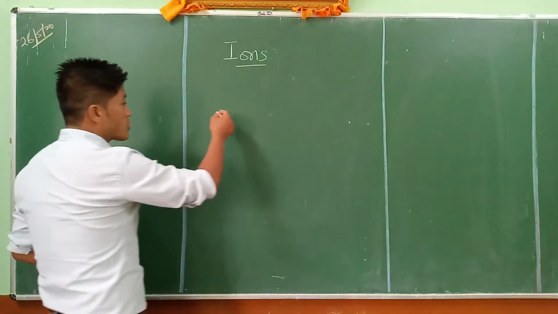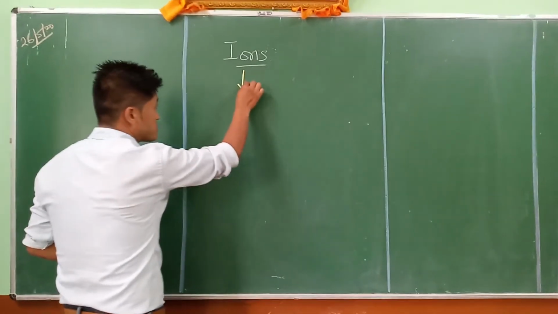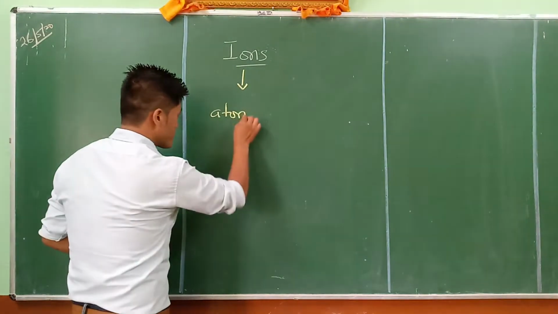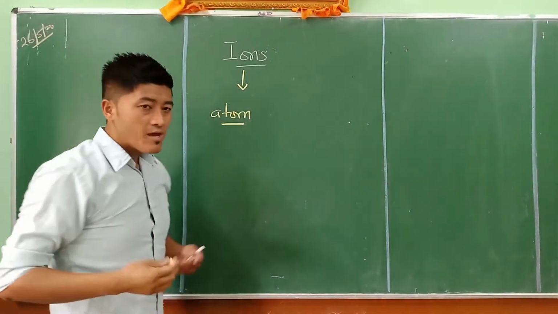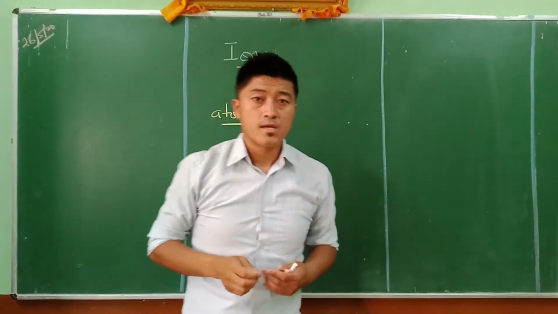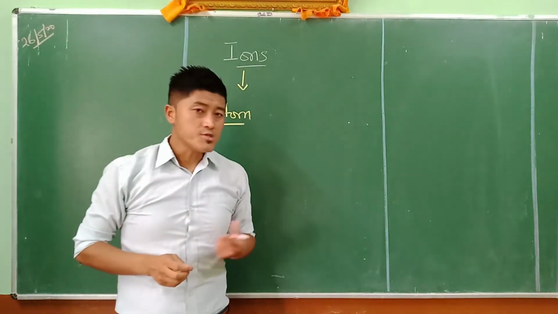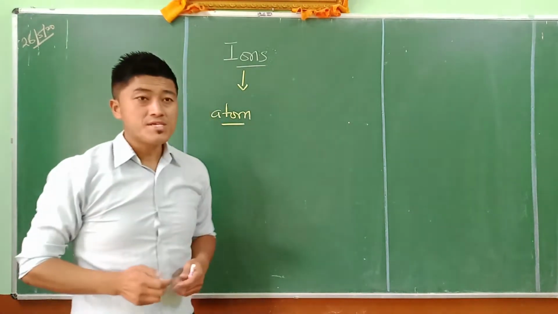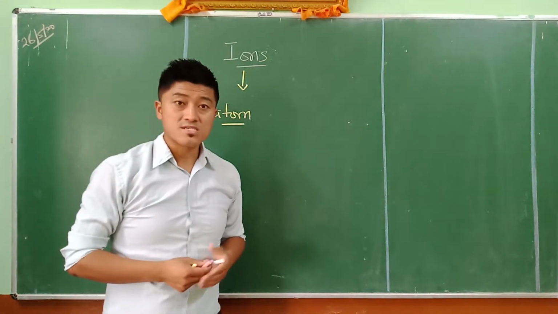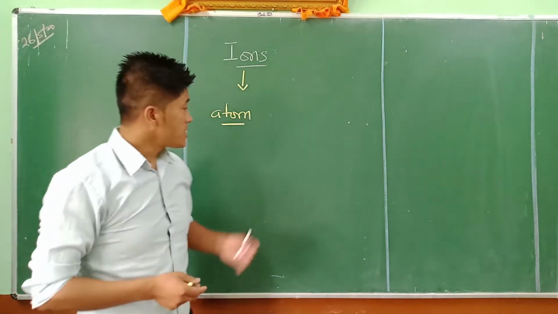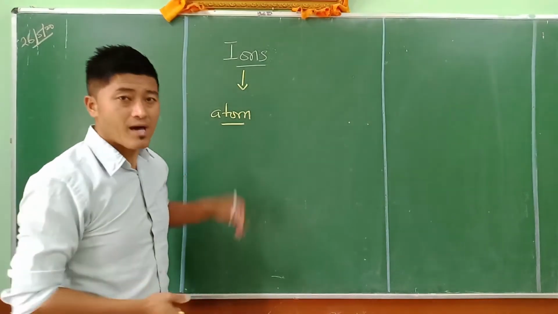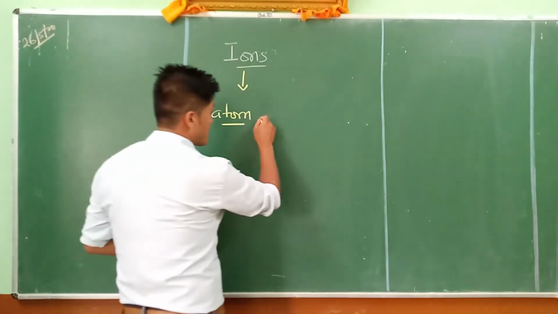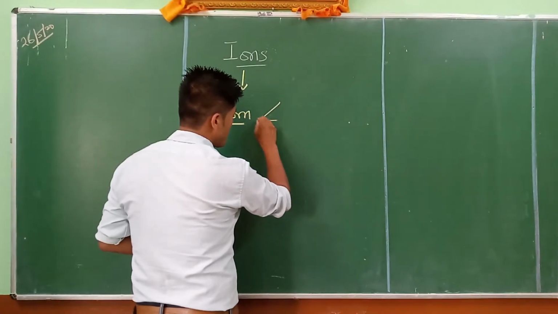So before we talk about ions, I think it's important for us to know a little bit about the atom. We have some information about atoms now, but we didn't talk about what an atom is actually made up of. We did talk about the atom being the smallest indivisible particle, but normally atoms are made up of 3 subatomic particles.